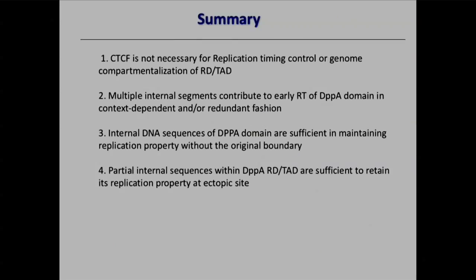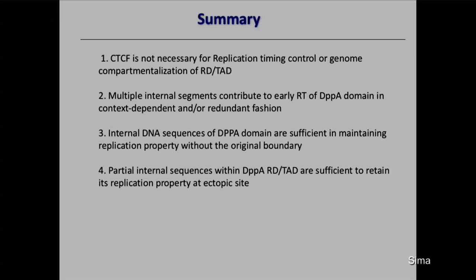So here is a summary of the talk. We found that CTCF is not necessary for timing control of the DPPA locus, and they are not necessary for genome compartmentalization. Next, we have identified multiple internal segments that contribute to the replication timing of the DPPA domain in a context-dependent and redundant fashion.